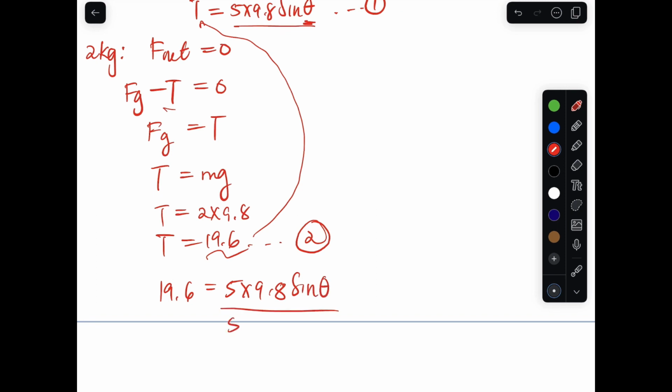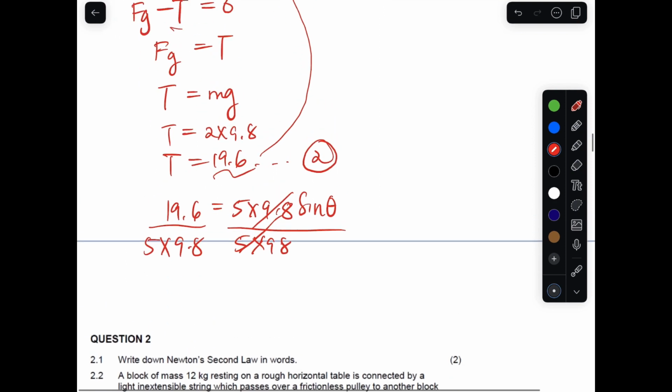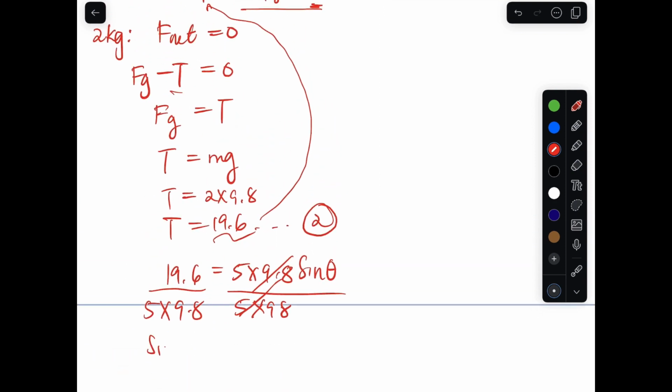So we're going to divide both sides by 5 times 9.8, and then we'll have sine theta is equal to this answer here.